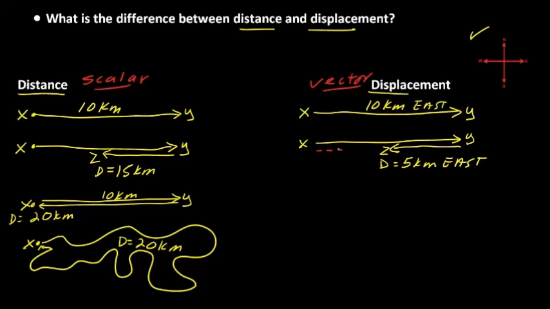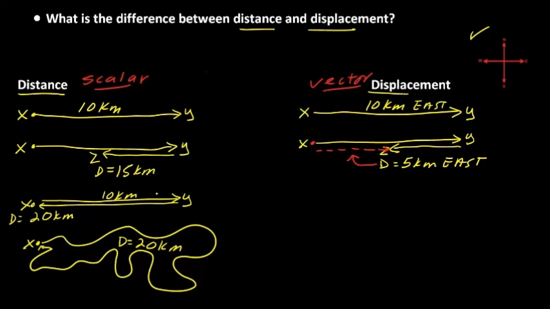So this red line represents your displacement, and that displacement is 5 kilometers east of the origin where you started. That is really the difference between distance and displacement. Distance is simply the length of the path that you traveled, whereas displacement is the straight line distance and direction between the origin and your final ending point.